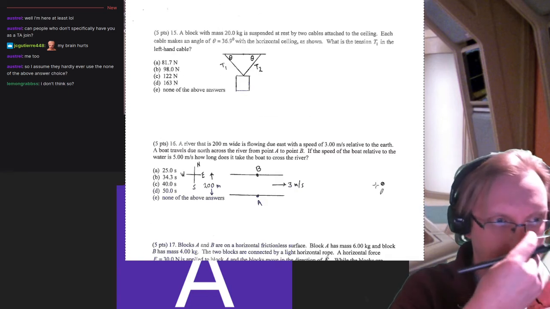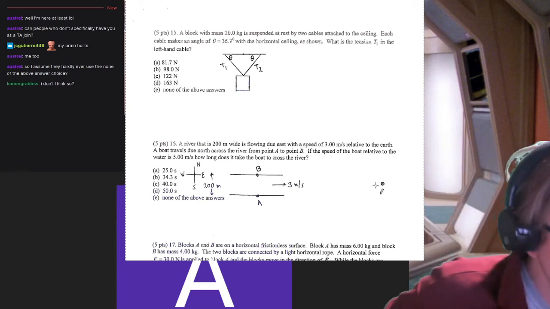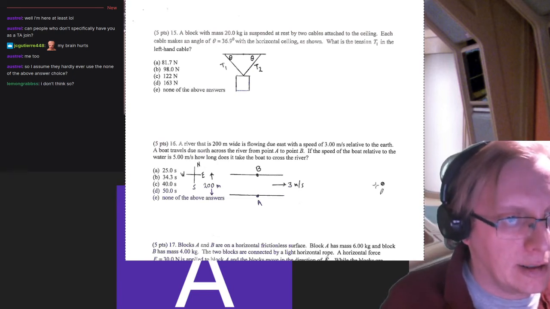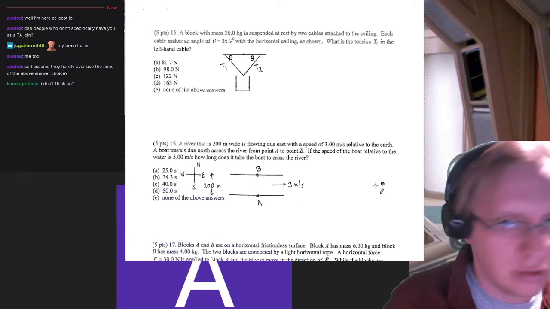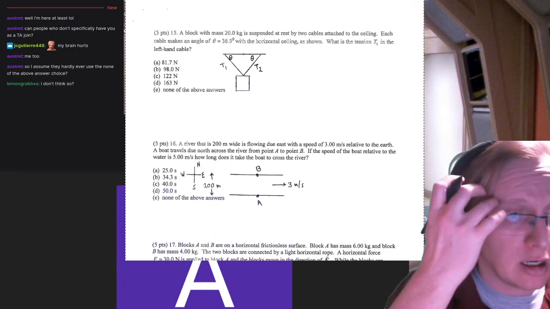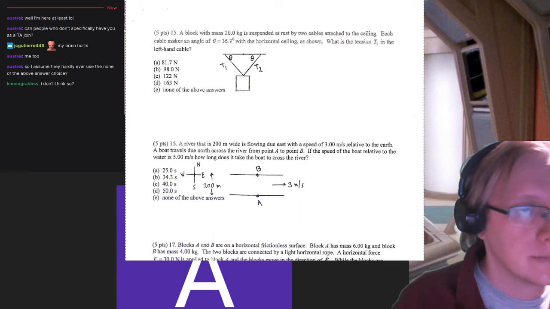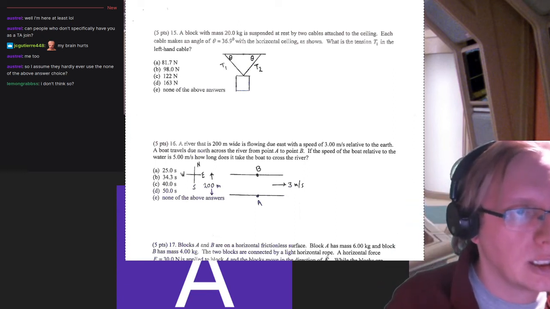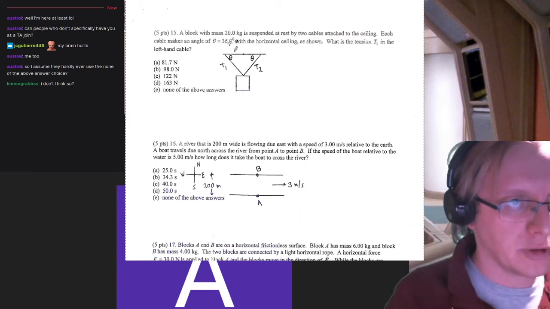Sums of forces here. Okay. Which page are we on? Page 5? 2. Okay. You have a block with a mass of 20 kilos.